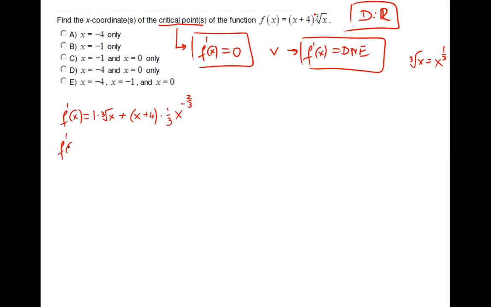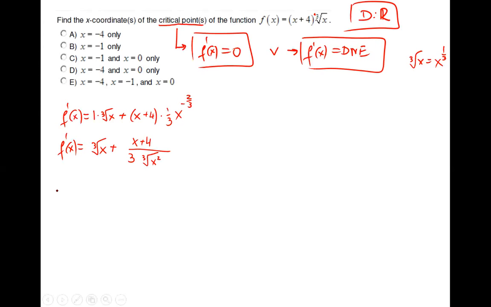Okay, let's clean these values. Cube root of x plus x plus 4 times 1/3, and x to the negative 2/3 means that cube root of x squared is placed in the denominator. Yes, I hope we're okay with this.